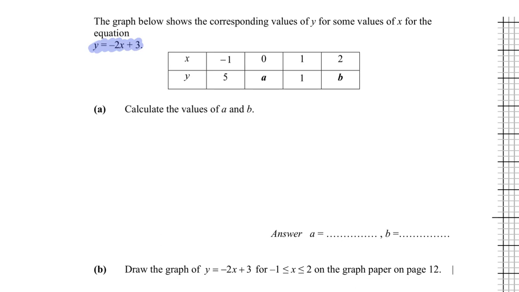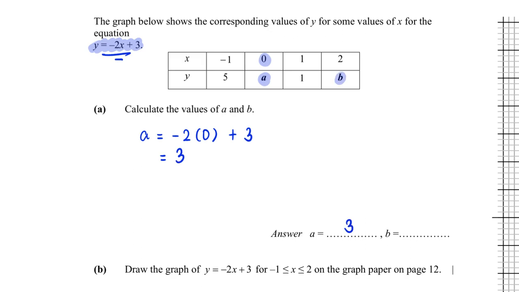A happens when x is 0. So going back to this question, on this equation here, I am not going to write y anymore. y is A when negative 2x is 0. And therefore from here I can get A is 3.